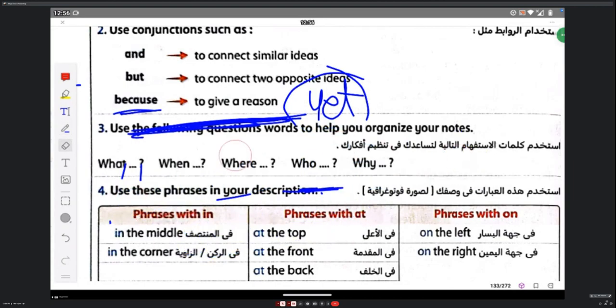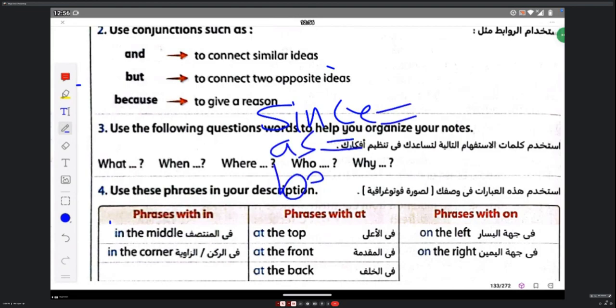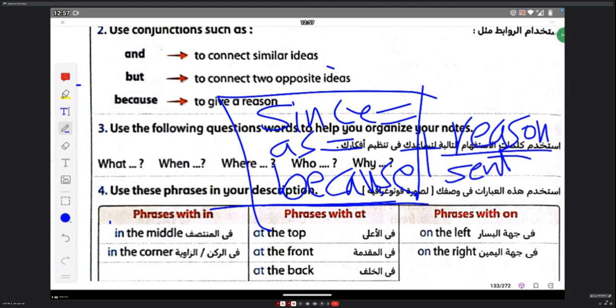We have two since. Since means as or because. Those three are followed by the reason. Reason in a sentence. Sentence means subject plus verb plus object or completion.